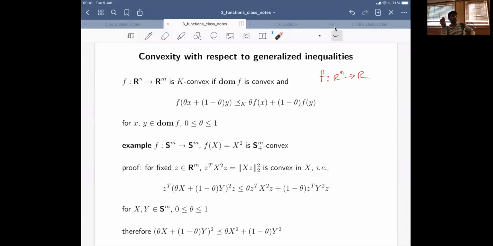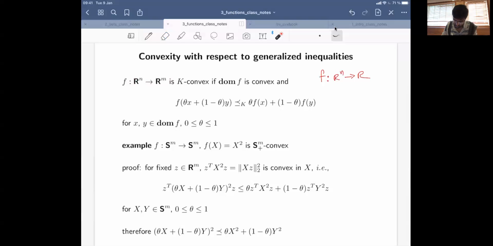For matrices, we can define an inequality using the positive semi-definite cone. These are the two inequalities we learned, which are famous. So now we use a similar generalized inequality and plug that into the definition of convexity.